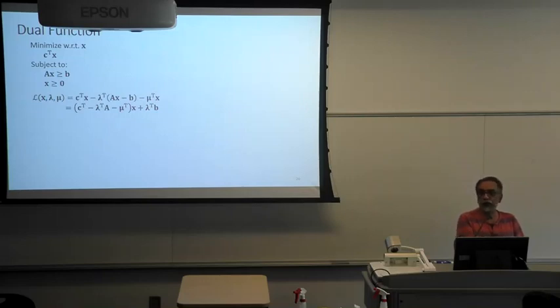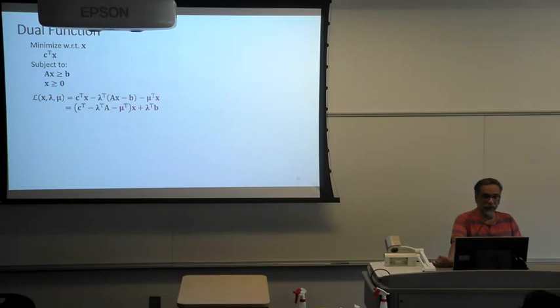Both lambdas and mu's are Lagrange multipliers for inequality constraints. This is minimization, so I have a negative here and a negative here because I have a greater than or equal to here. That way, lambda and mu will be positive. Okay?